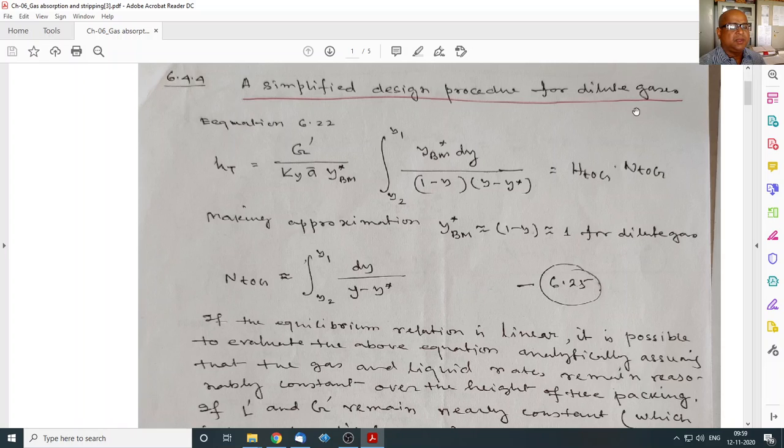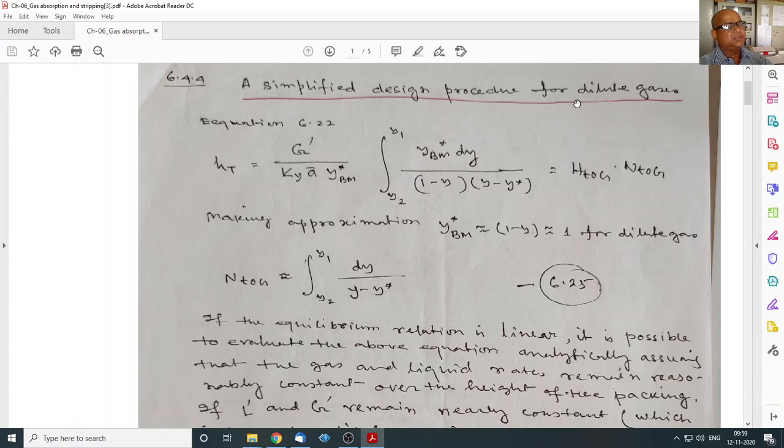Okay, but let's take the case of dilute gases. Let's say you have 2% ammonia in a gas mixture. Generally those are effluent gases. There may be 1%, 0.5%, 2% ammonia, and you have to remove this down to 0.001%. So this is the case of dilute gases.